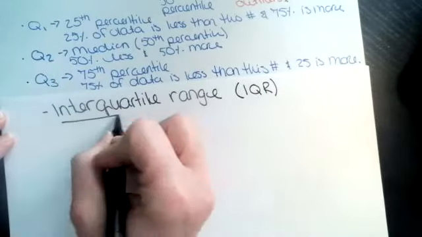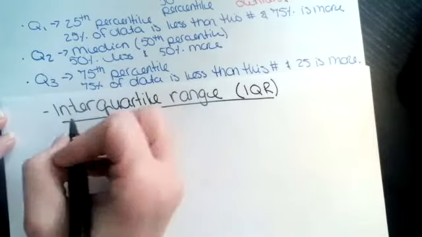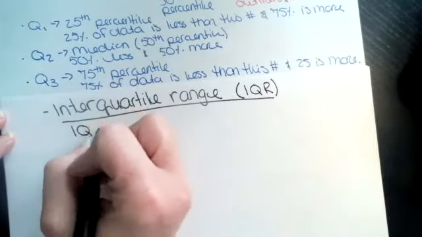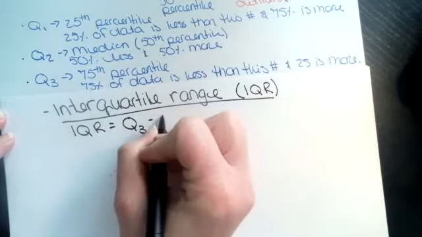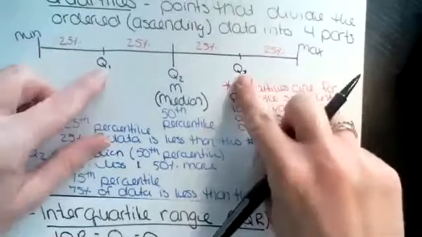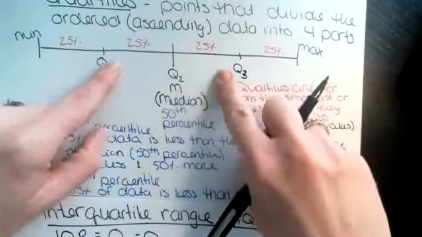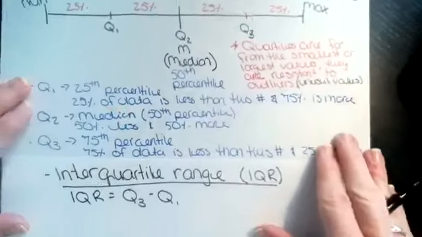It's going to be used as a measure of spread, and I'll get to that in just a second, but let's get to the formula. IQR is just equal to quartile 3 minus quartile 1. So it's just the range of this middle section here, the range of the numbers between quartile 3 and quartile 1.